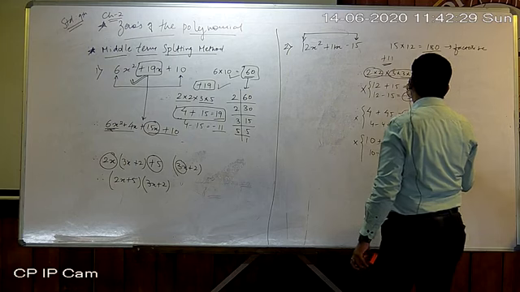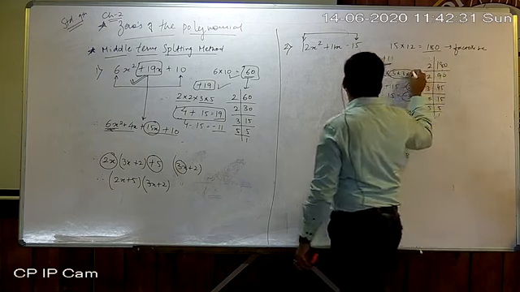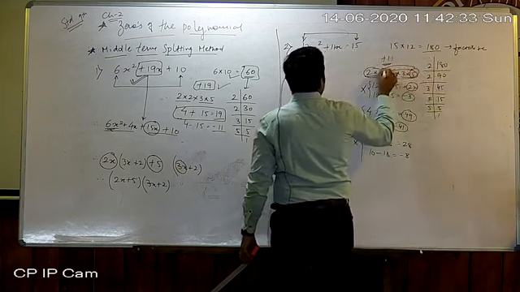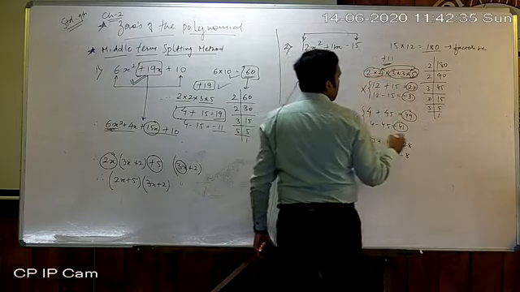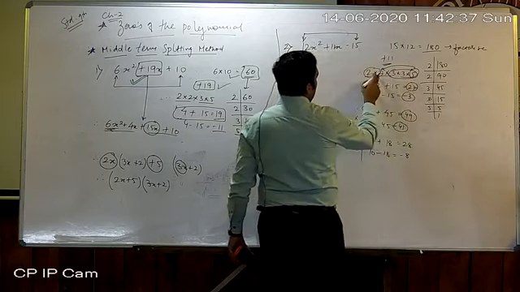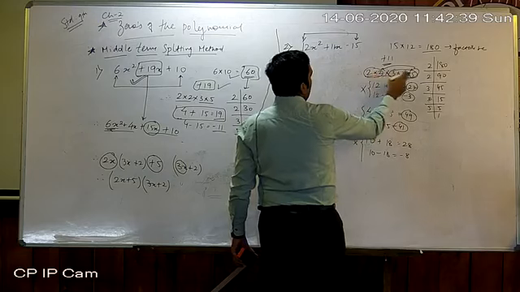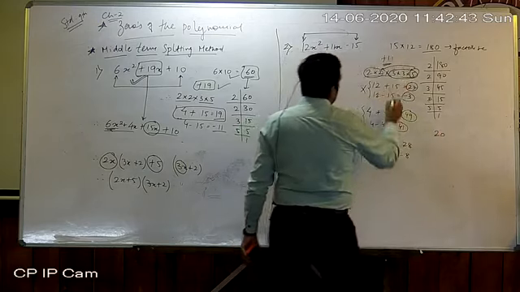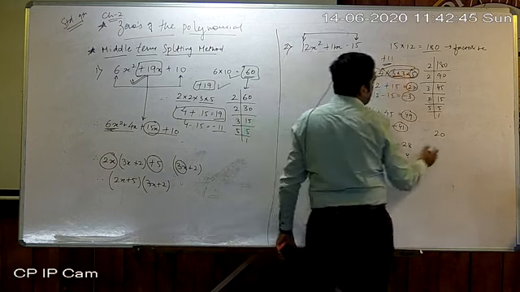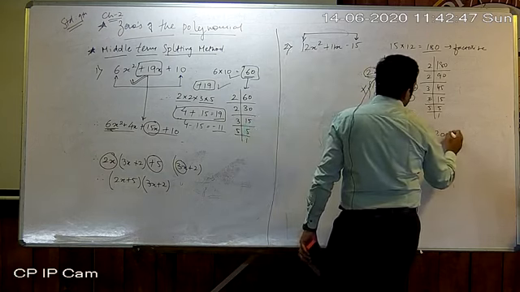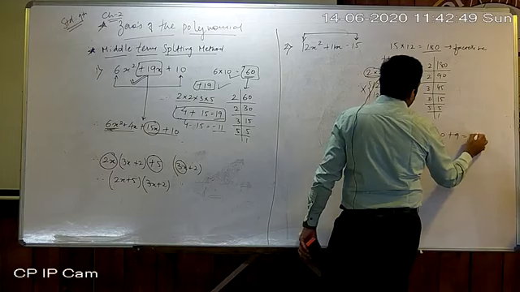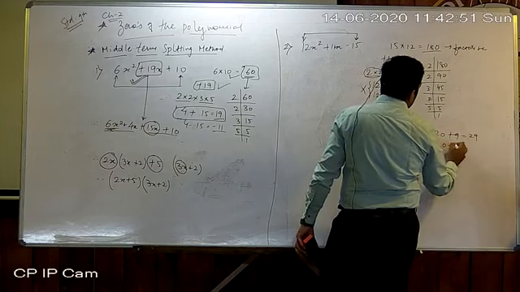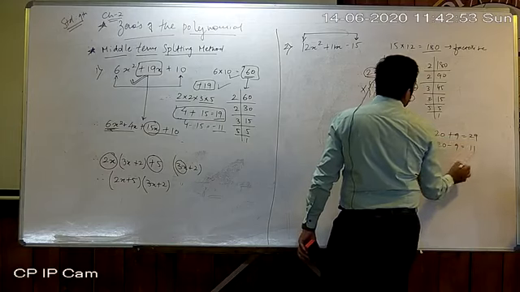So now we have to multiply 5 with 2 twos, which is 4. So 5 into 4 is 20. One is 20 and the second is 3 threes is 9. So 20 plus 9 is 29, and 20 minus 9 is 11.